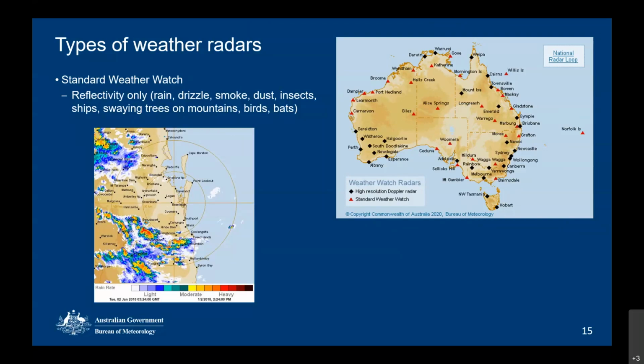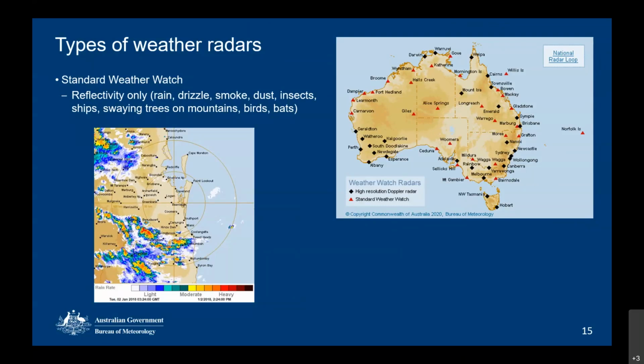We don't get reflectivity off buildings and mountains because we filter those out because they're not moving. Anything moving around 5 kilometres and over is what we let through to process, and that's what you see on the radar display. That's why you don't see mountains and buildings. Sometimes the coastal radars will pick up ships at sea as well, because the lower beam will travel out towards the sea.